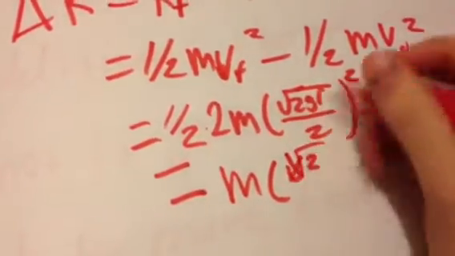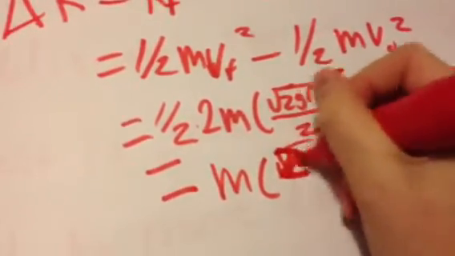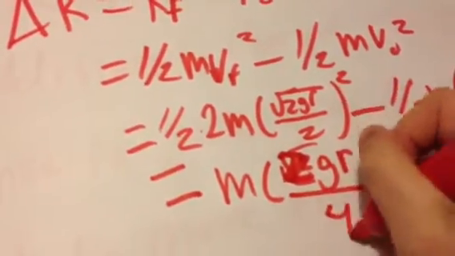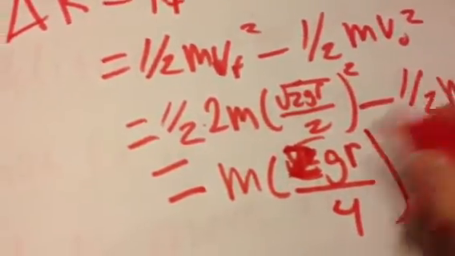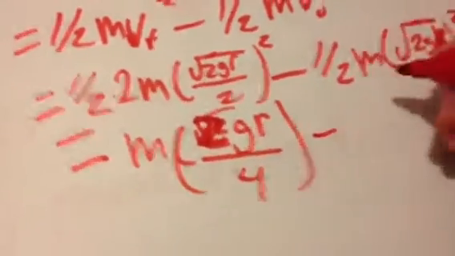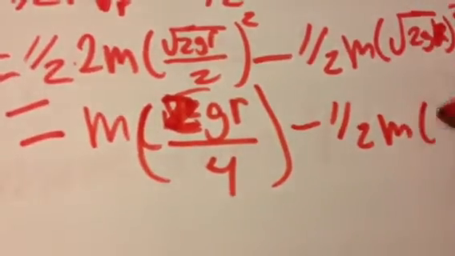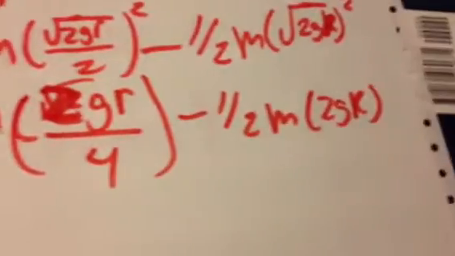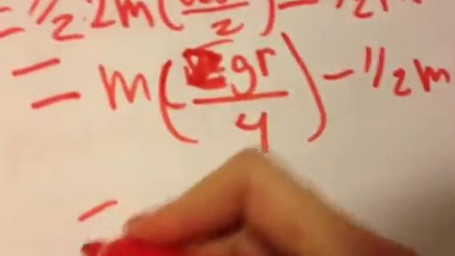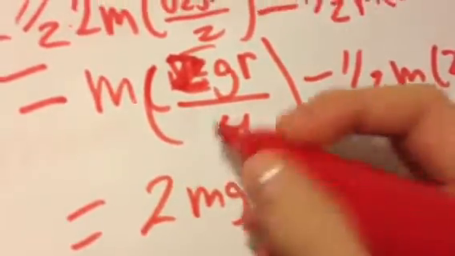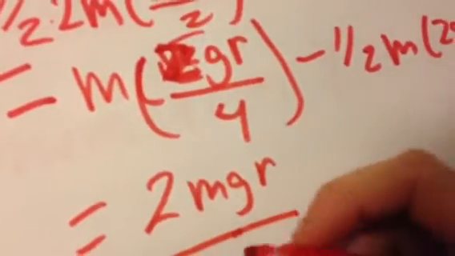So it is 2gr over 4 times m minus 1/2 m times 2gr, and this will equal 2mgr over 4.